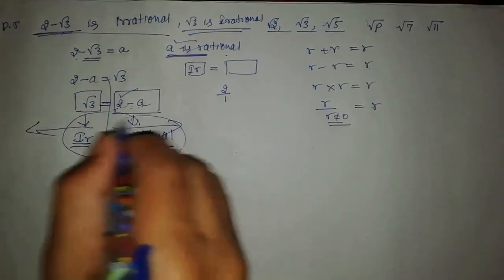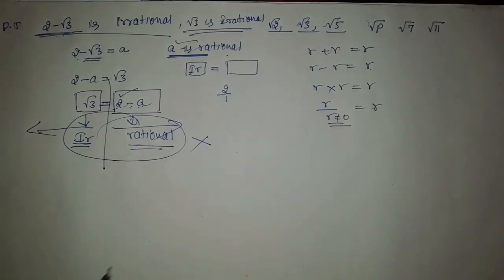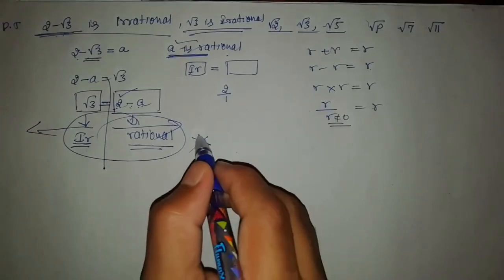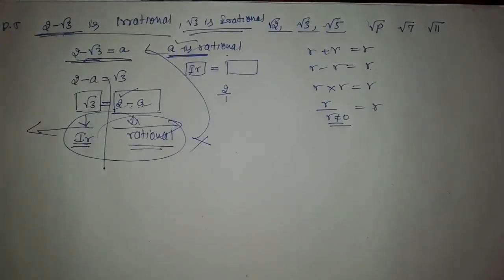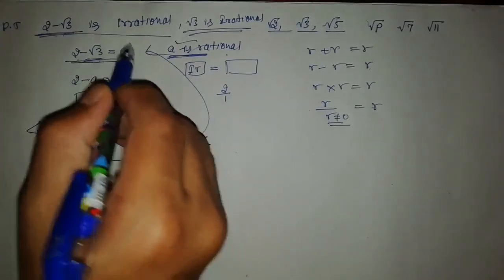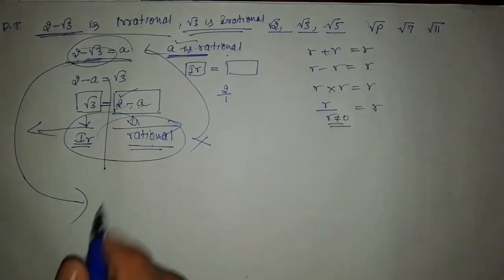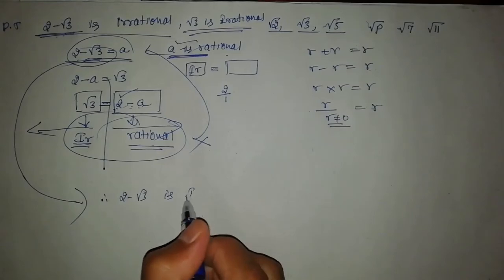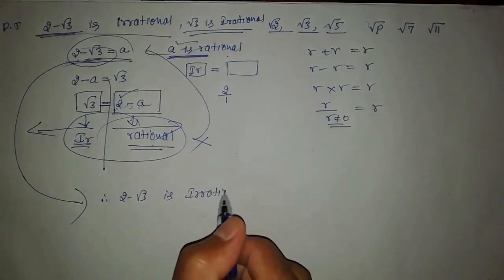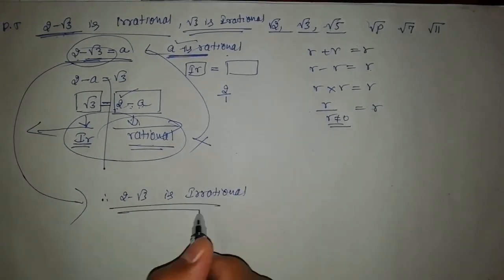So this wrong statement or wrong result arrives because of our wrong assumption that root 2 minus root 3 is a rational number. So our assumption is wrong. Finally you need to write down: therefore 2 minus root 3 is irrational. Okay, so this is the simplest way to prove this one. I think this is the better way.